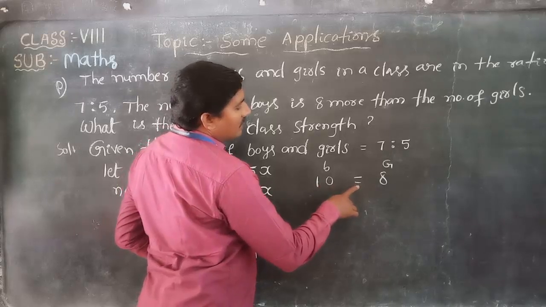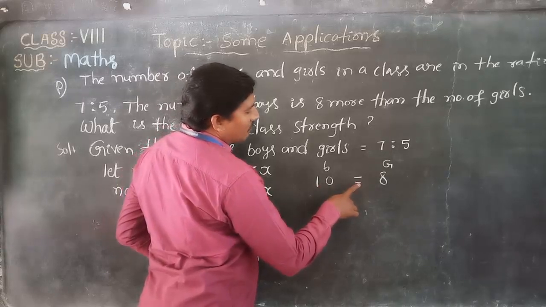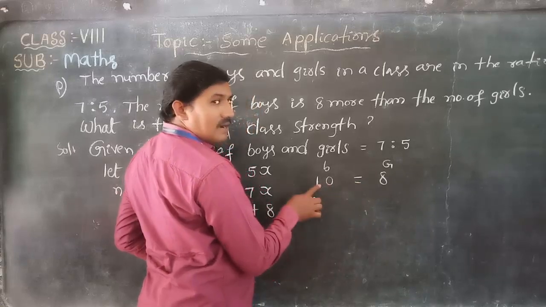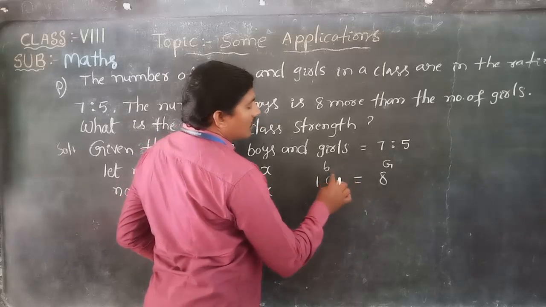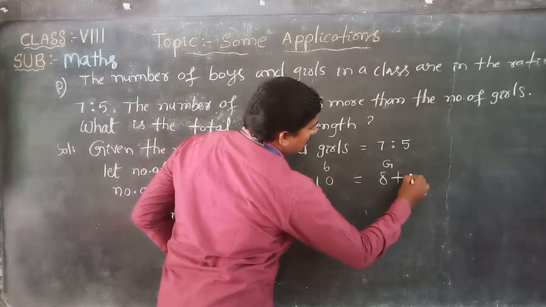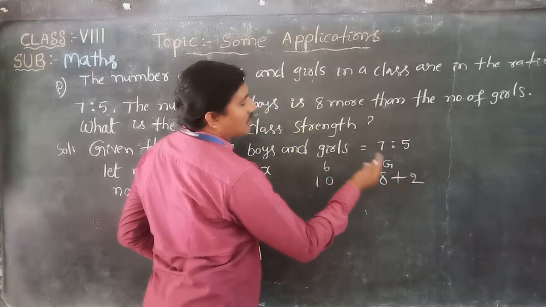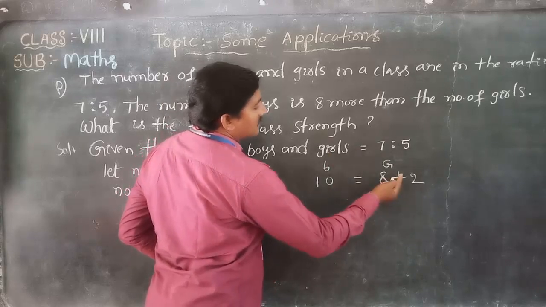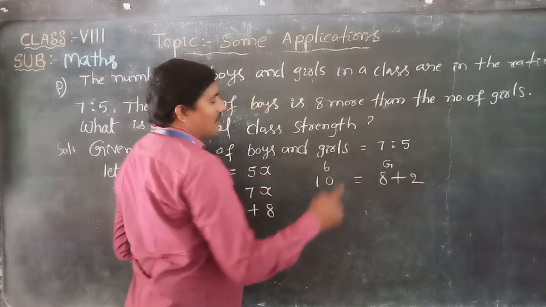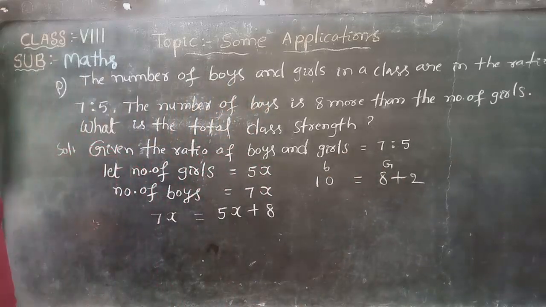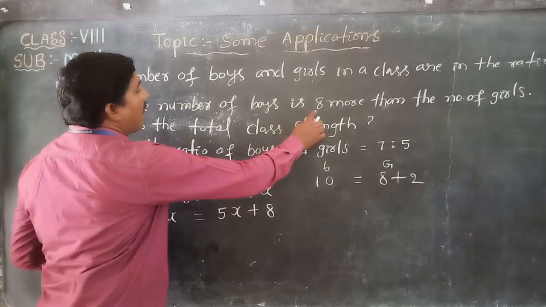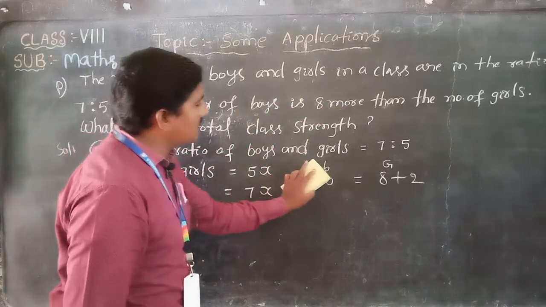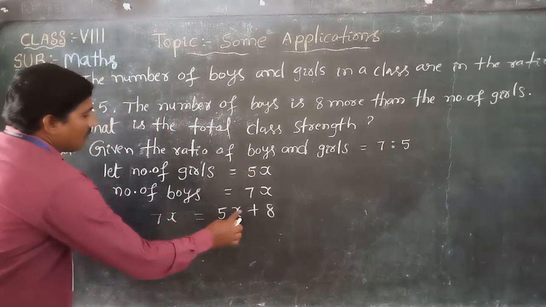But we want here equality. Then how many more are there? 2 more are there. So that 2 adding means we will get LHS is equal to RHS. How many more boys will be? Add that same to that side, then equality will be. Same like that only. Here also they given number of boys 8 more than number of girls.